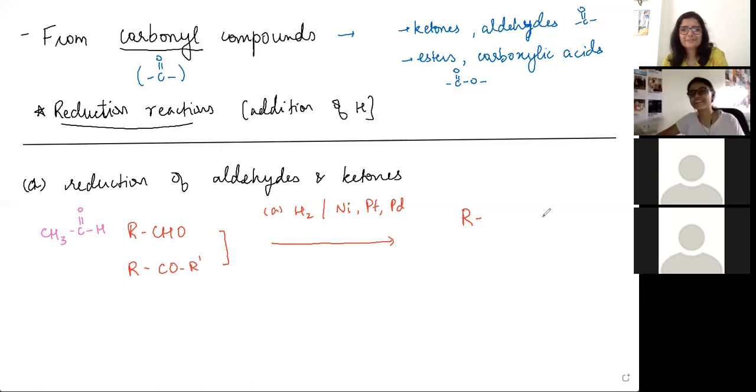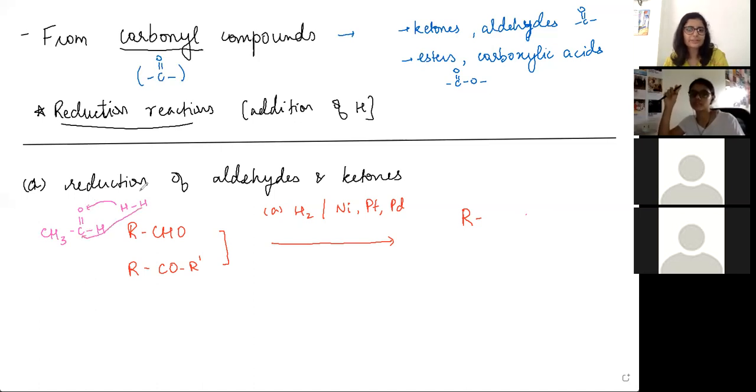Primary alcohol. Primary alcohol, correct. So what will be the formula I should write? Is it ROH or RH? Because that bond will break, there's one more. Where all will H get added? One to the carbon atom, one to the oxygen atom.